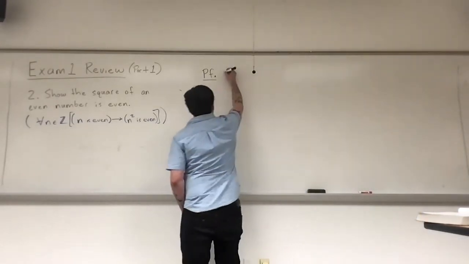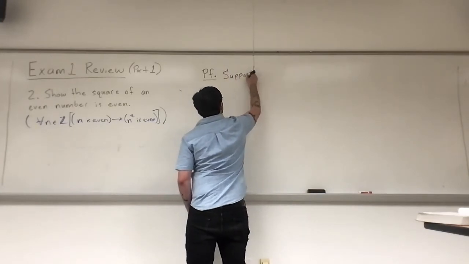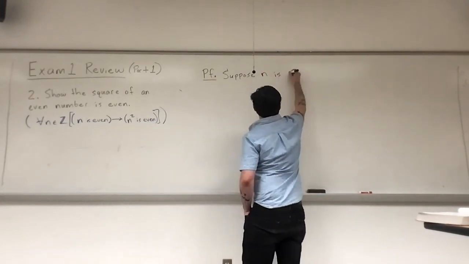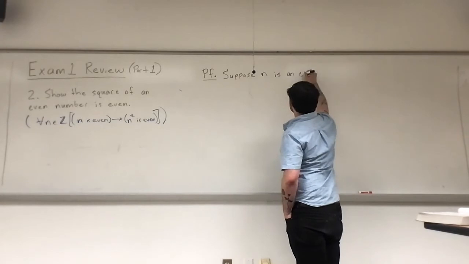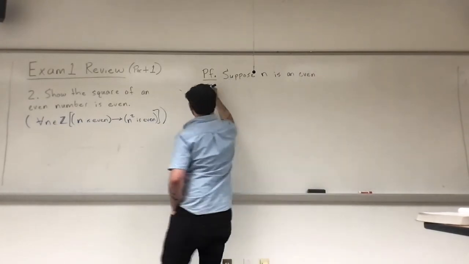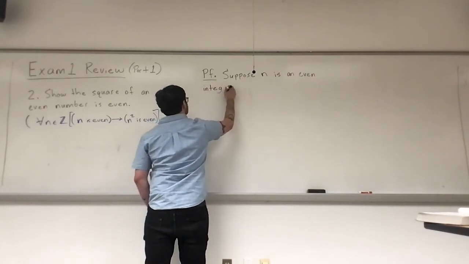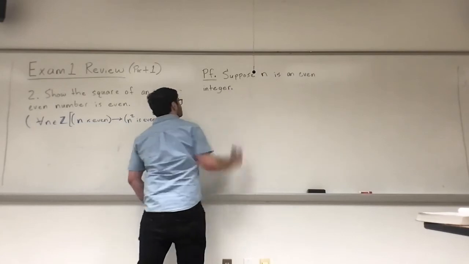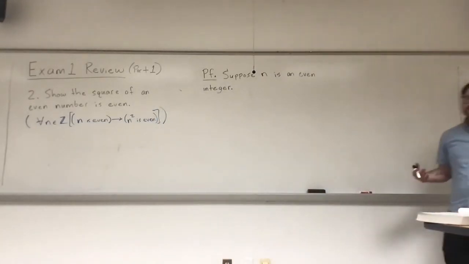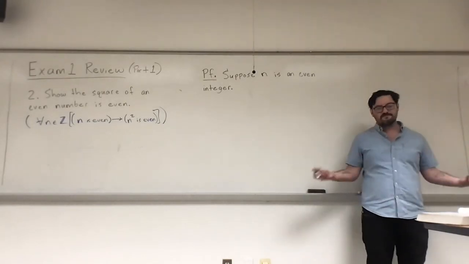So we can start this by saying, suppose n is an even integer. And then, if you remember, there's a step-by-step process to this. You make your supposition and then you recall the definition.